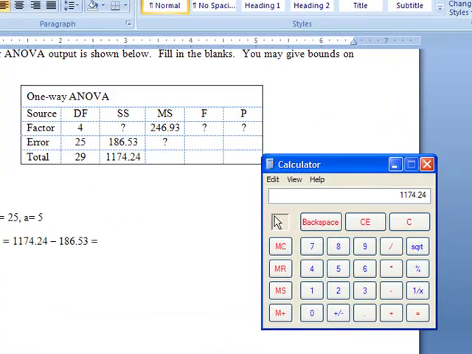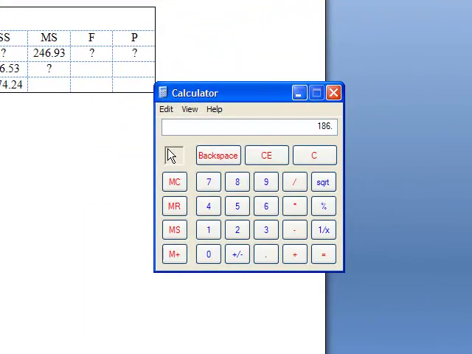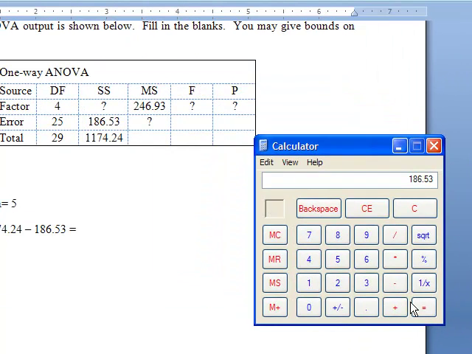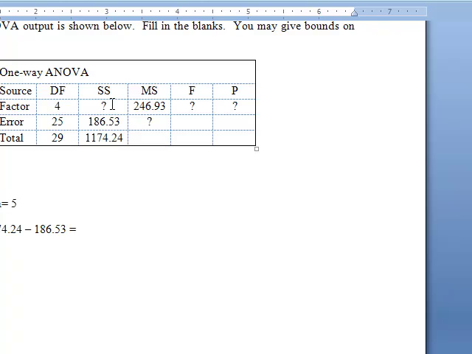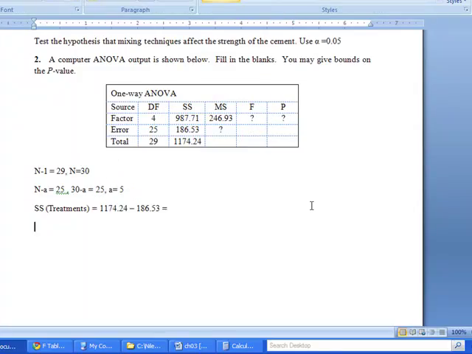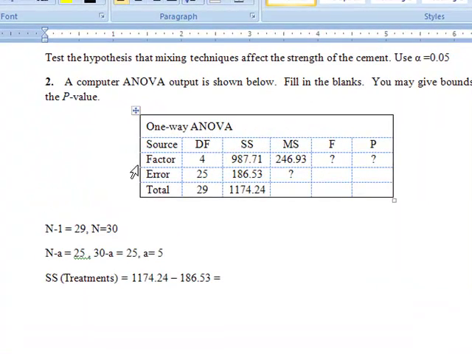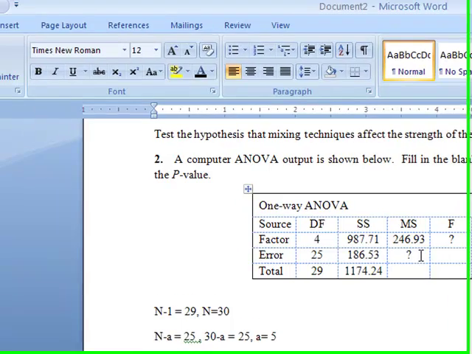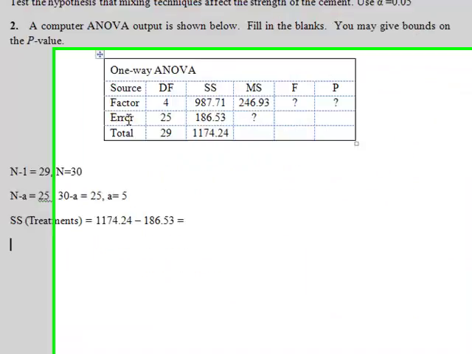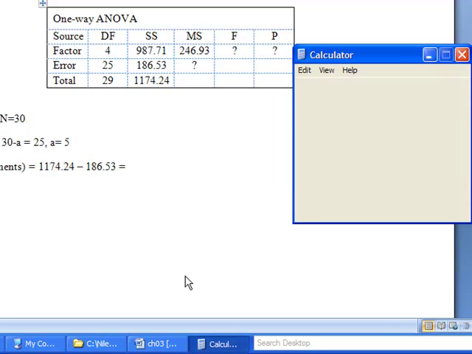1174.24 minus 186.53, which is 987.71. So next we need to calculate the mean square value for the error, and we know that mean square value for the error is sum of squares divided by degrees of freedom for the error, right?